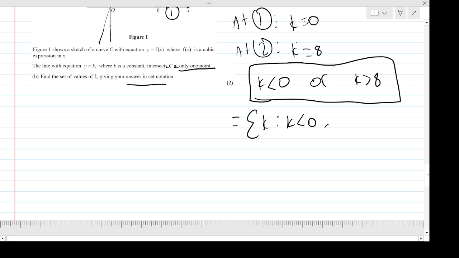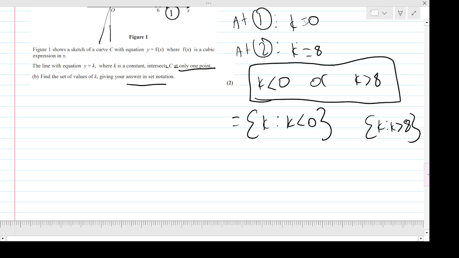What we do not say is k greater than 8 in the same bracket. It has to be only one inequality. So we leave it there and then introduce another bracket: k such that k is greater than 8, okay? Remember that in set notation, the key idea is we only have one inequality per bracket. We do not join them together like I just showed you.